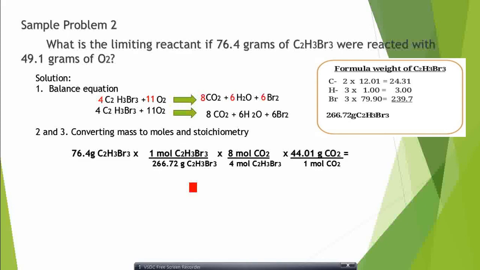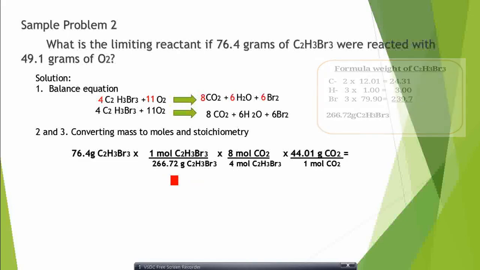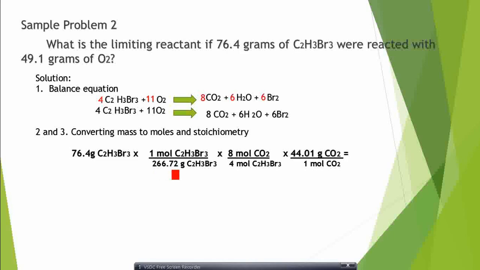The total is 266.72 grams of vinyl bromide. Then times 8 moles of carbon dioxide, which is in the balanced chemical equation. We have 8 here, while the moles of vinyl bromide is only 4. Then times 44.01 grams of carbon dioxide.